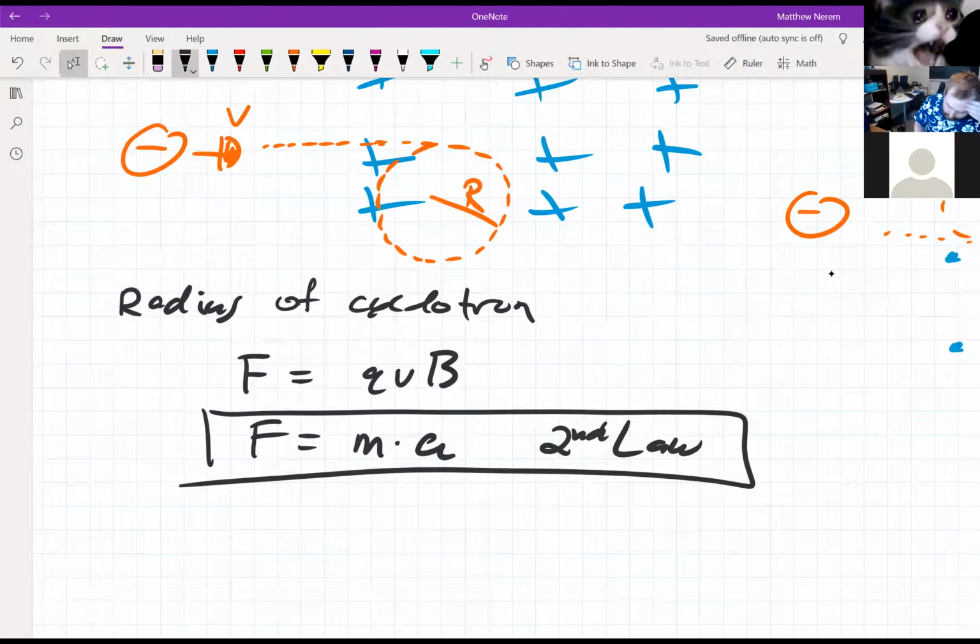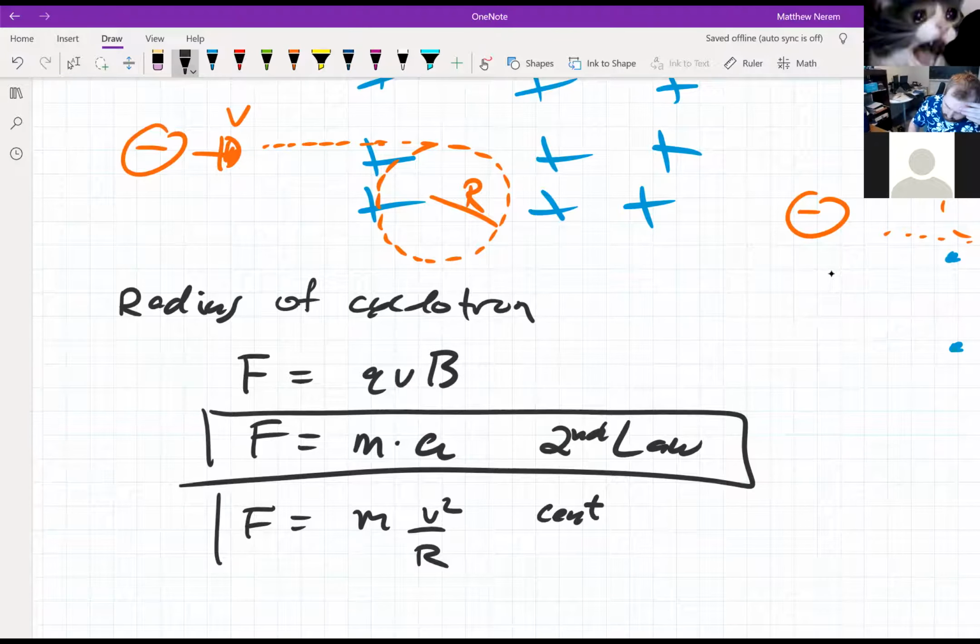All right. And we can say for centripetal acceleration, V squared over R. Let's rephrase that.